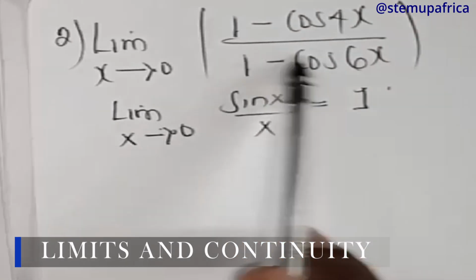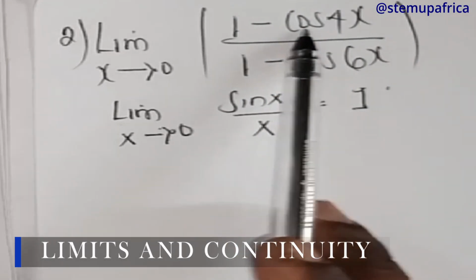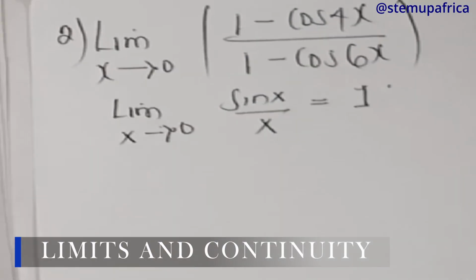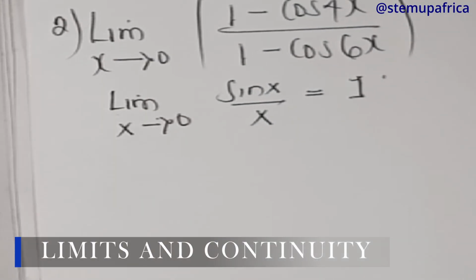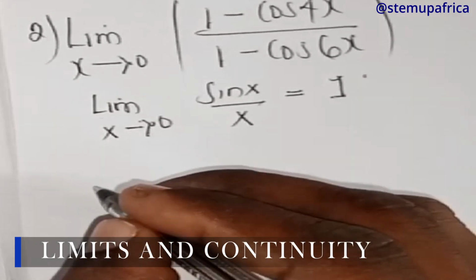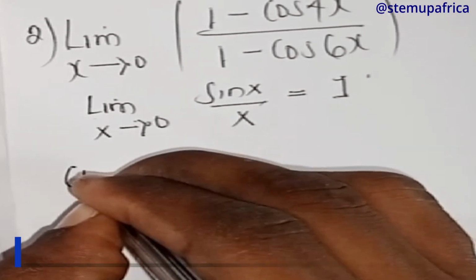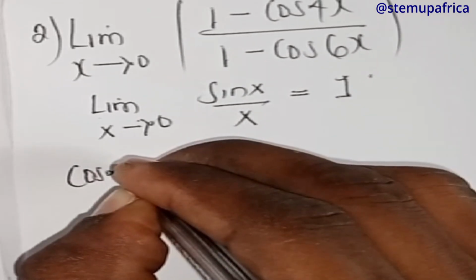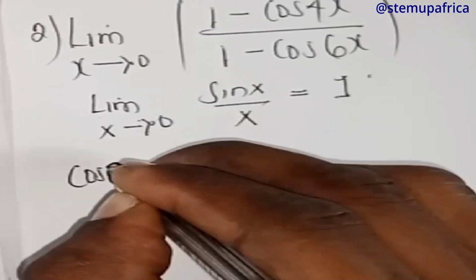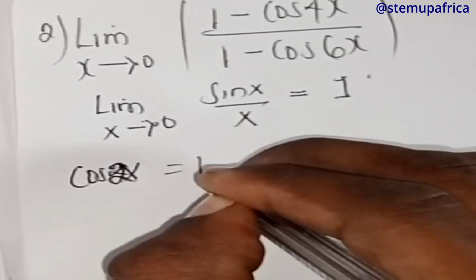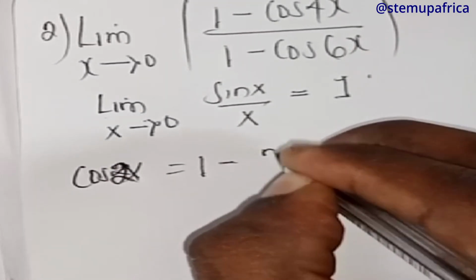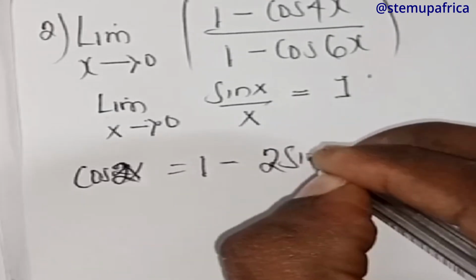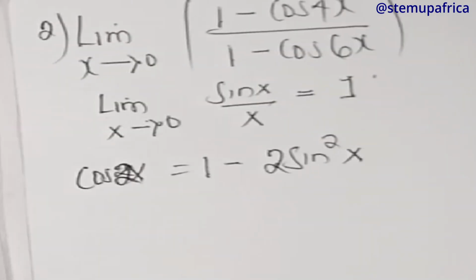If you look at this expression, there's no sine yet. What we have is cos 4x, but we can express cos in terms of sine through the compound formula. Let's recall that cos 2x is simply 1 minus 2 sine square x.